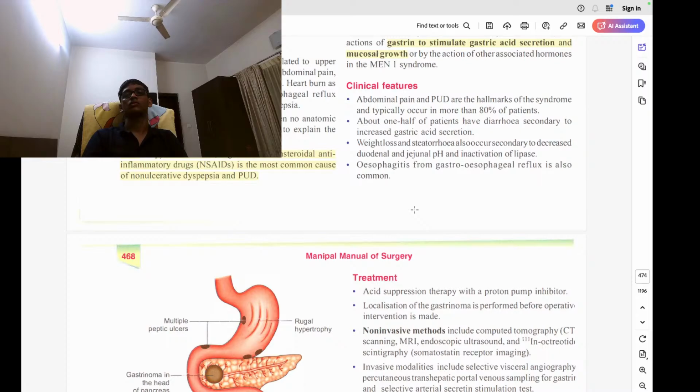Clinical features: abdominal pain and PUD. The symptoms of the syndrome typically occur in more than 80% of patients. One half of the patients have diarrhea secondary to increased gastric acid secretion.